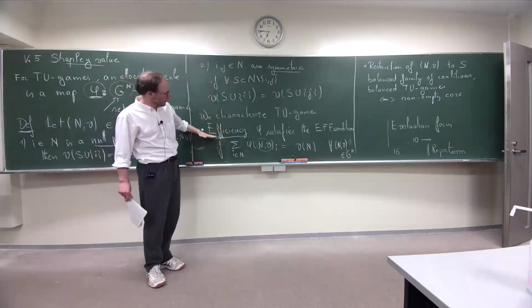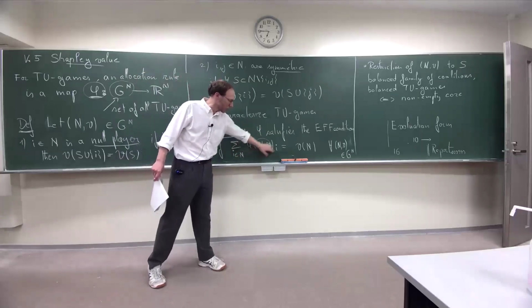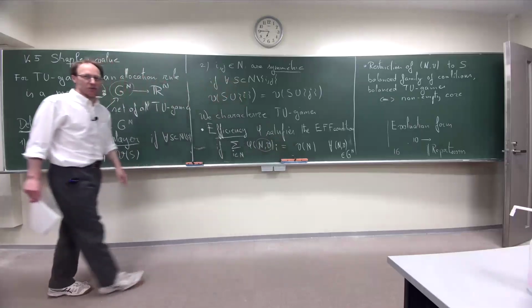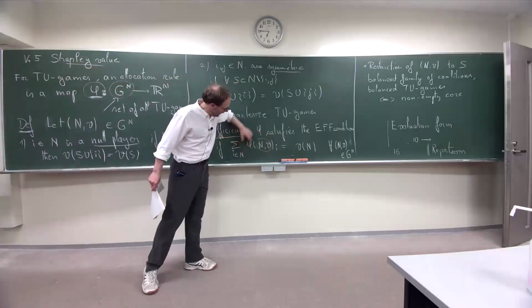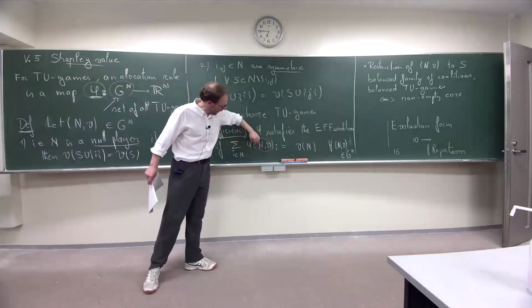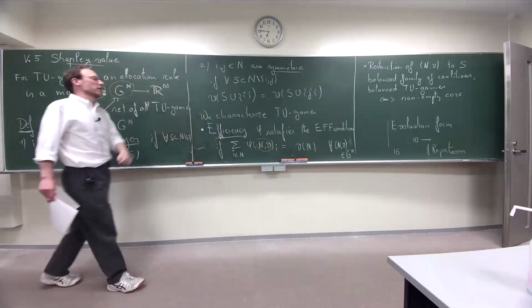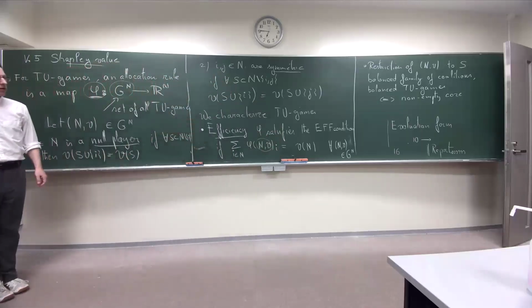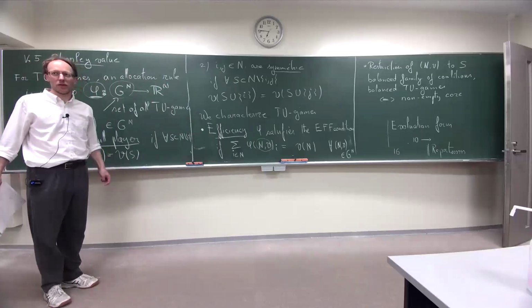I'm saying that it's efficient if the sum of all entries of this vector is v of N. What does it mean? It means the point in Rn given by phi of (N,v) has components that sum up to the worth of the grand coalition. This is efficient.